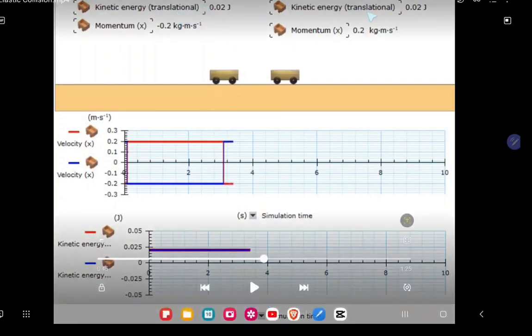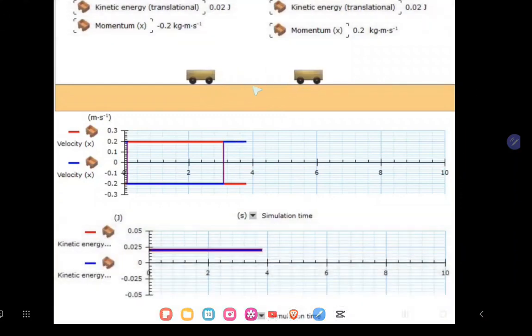The kinetic energy remains the same for both cars, and the magnitude of the momentum remains the same, but the direction is switched the other way. So this one takes the minus sign, and this one takes the plus sign. It bounces back, and in this case no energy is lost whatsoever.